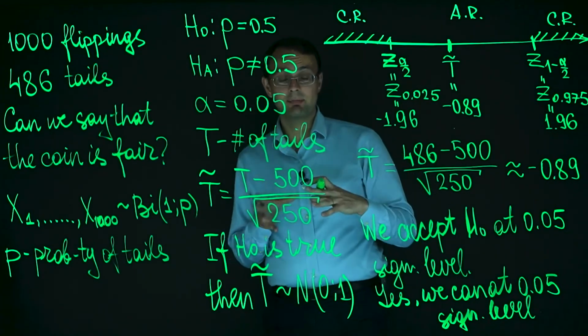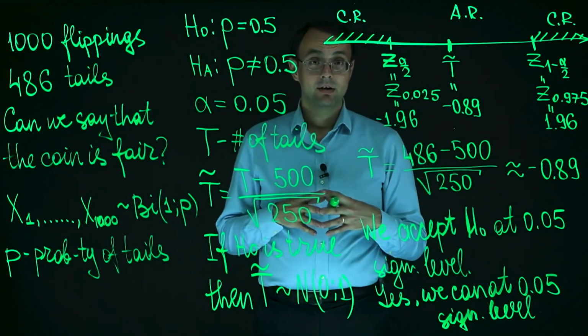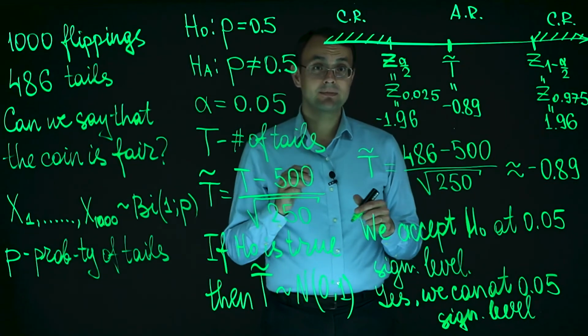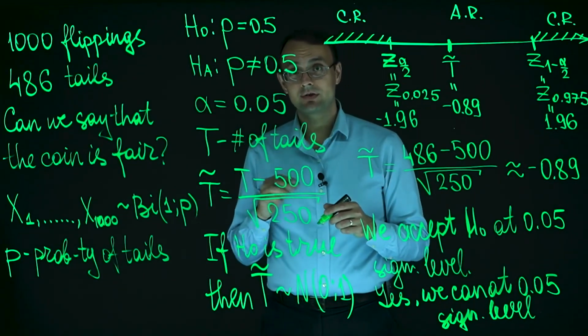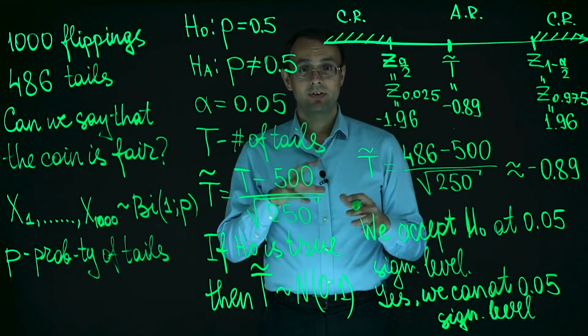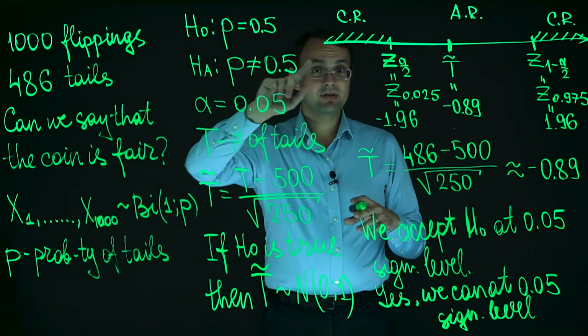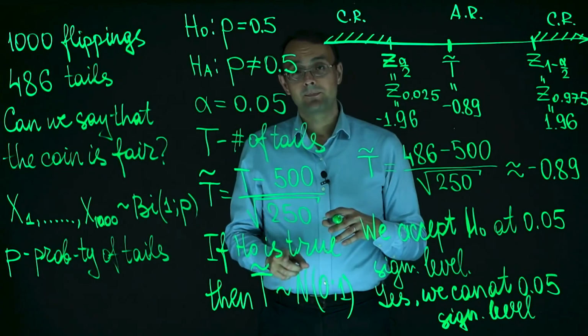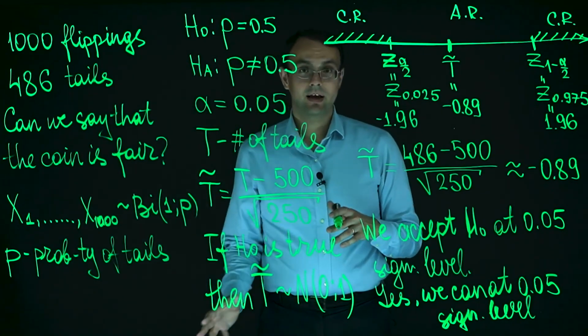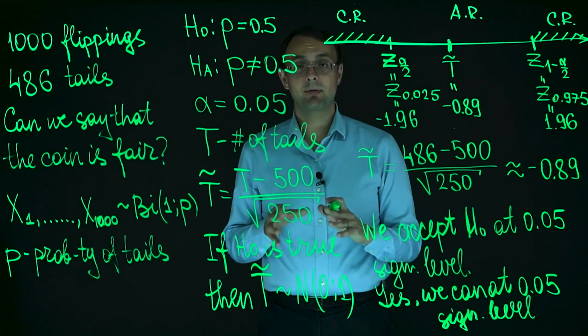We accepted the null hypothesis, but maybe we have just made a type 2 error. Type 2 error is to accept a false hypothesis. Maybe this hypothesis is not true, maybe the coin is not fair, but we have just accepted this hypothesis.